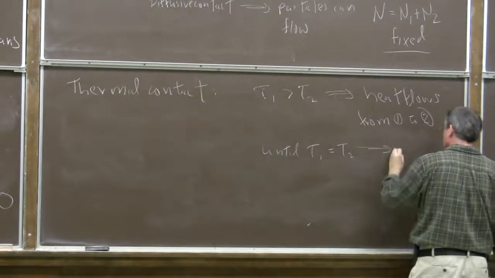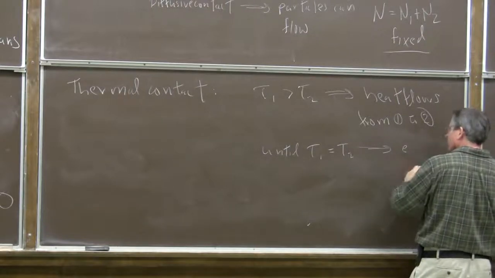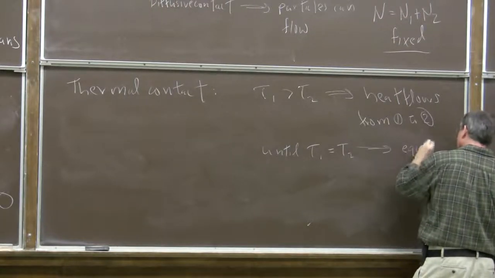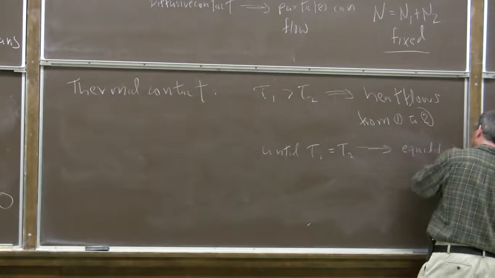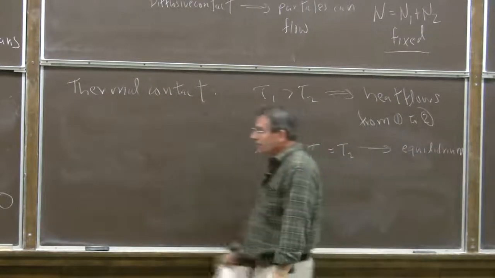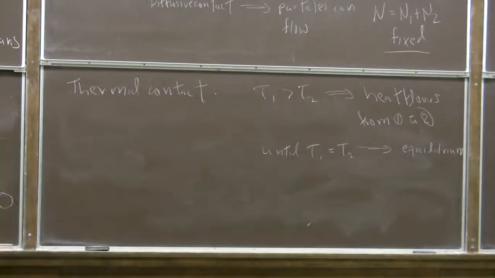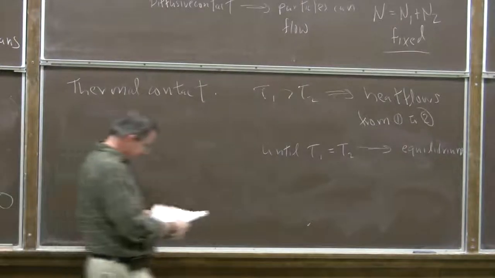And then the heat flow stops because we're in the most probable configuration. So heat flows from the warmer system to the cooler system until the two systems are at the same temperature. That's equilibrium, where the number of accessible states is maximized.